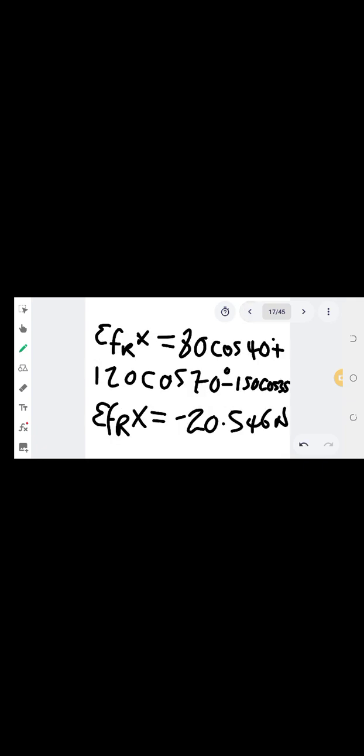So the next thing that I'll do is I add the x component as negative. So in this case, my x component is in this direction, in the negative, and my y component is in the positive direction, as you can see.